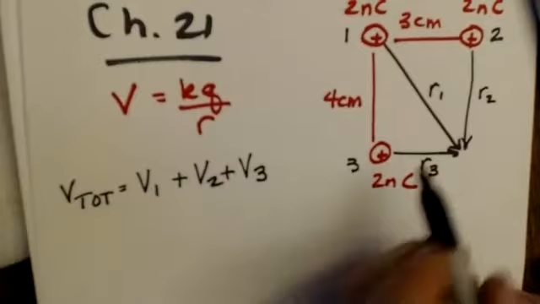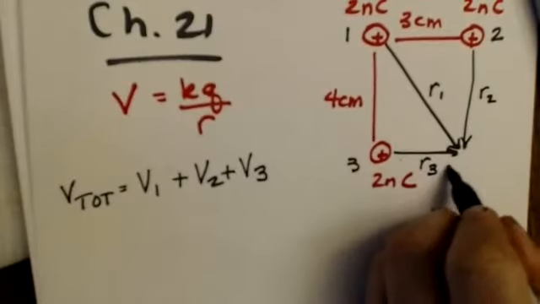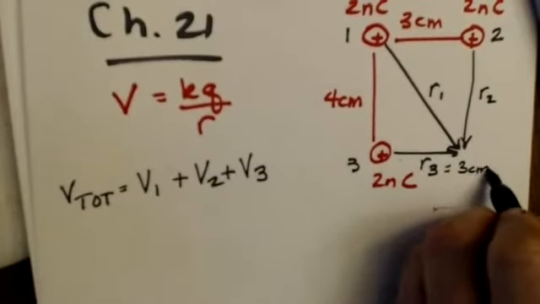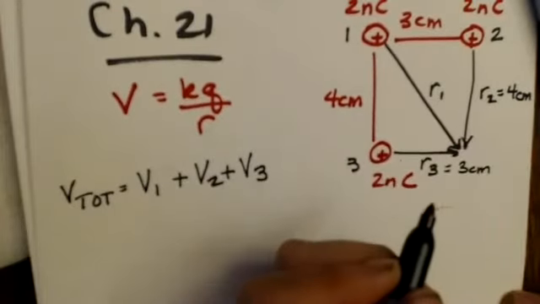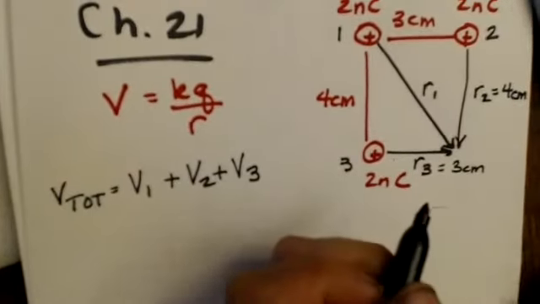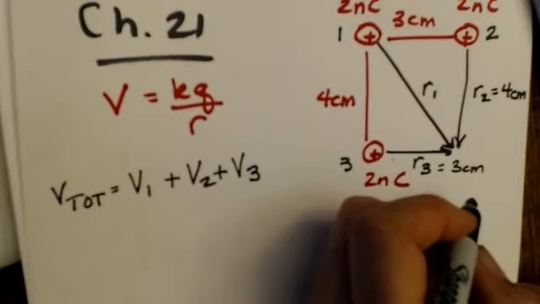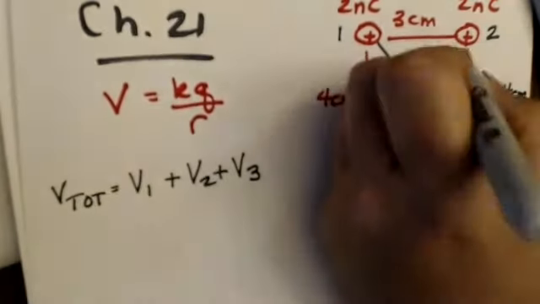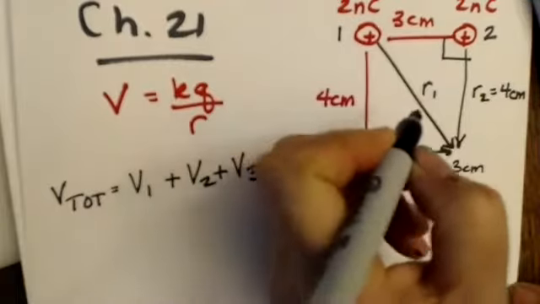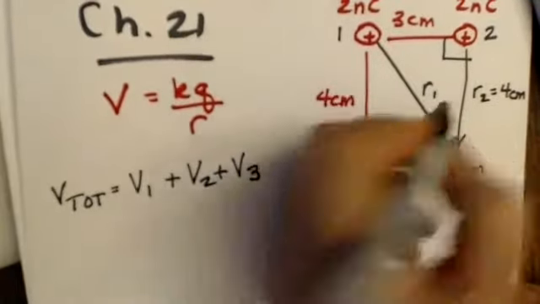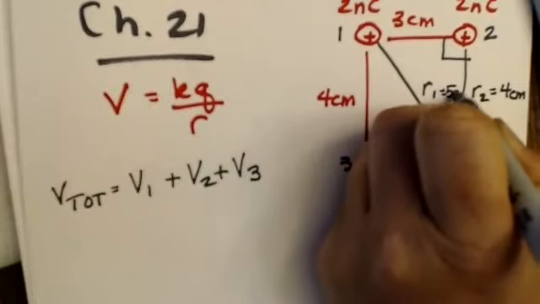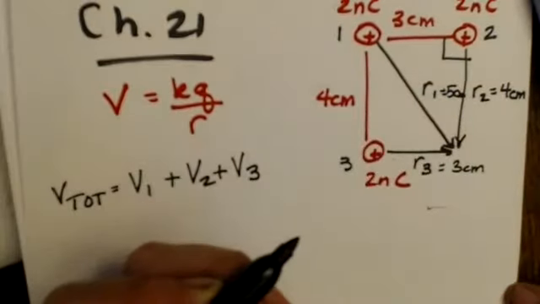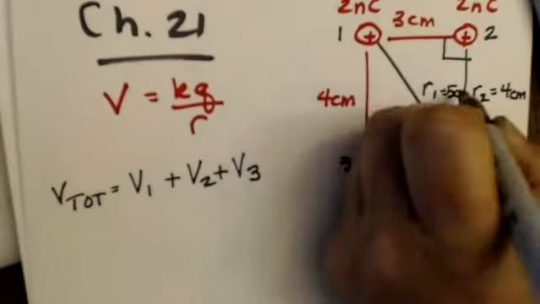R2 and R3 are pretty easy to figure out, because this one's just 3 centimeters and this one's just 4 centimeters. But I have to use a little bit of trigonometry to find R1. Since this is a right angle, I can use the Pythagorean theorem, and I happen to know that R1 is 5 centimeters, not 50.